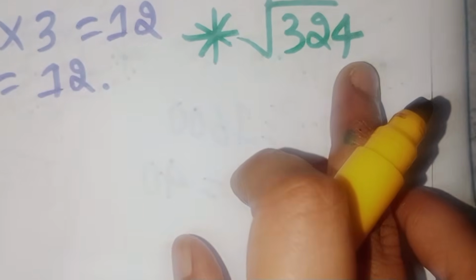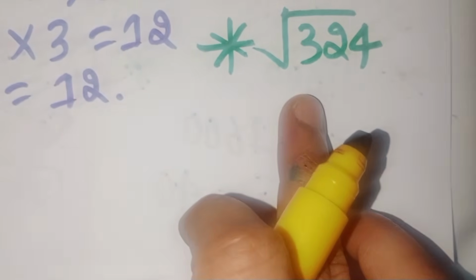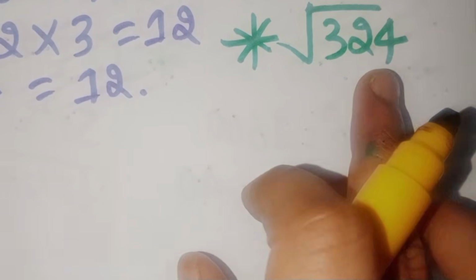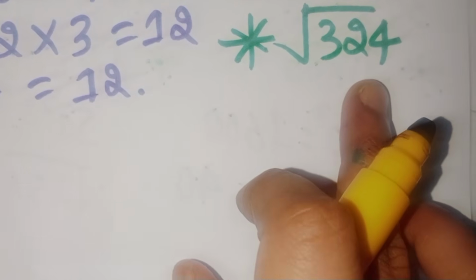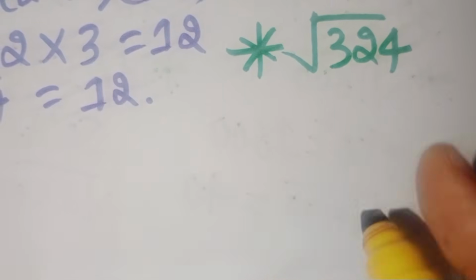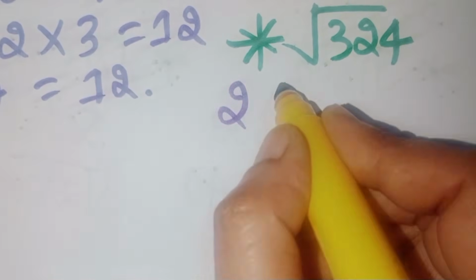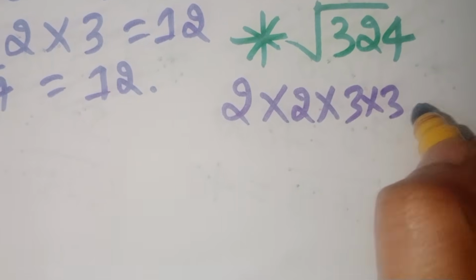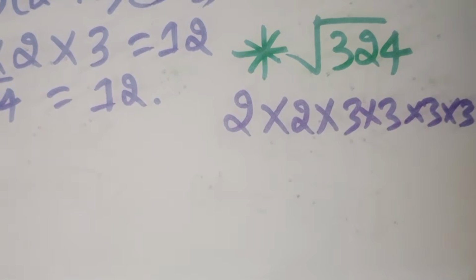Square root of 324. First, break 324 into prime factors. Prime factors are 2 times 2 times 3 times 3 times 3 times 3.